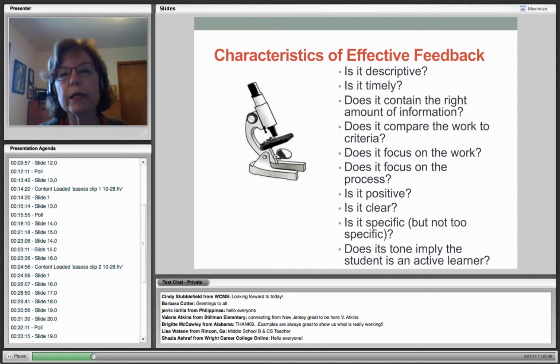You're not reteaching all of their background in this whole topic in one little bit of feedback. You're just moving learning forward. You need to be positive, clear, and specific. We went through all of these last month, and so I'm not going to read them all to you again, but it is important that you have this as a foundation, and there's the slide for it, which you can go and get after the broadcast on the web if you want.